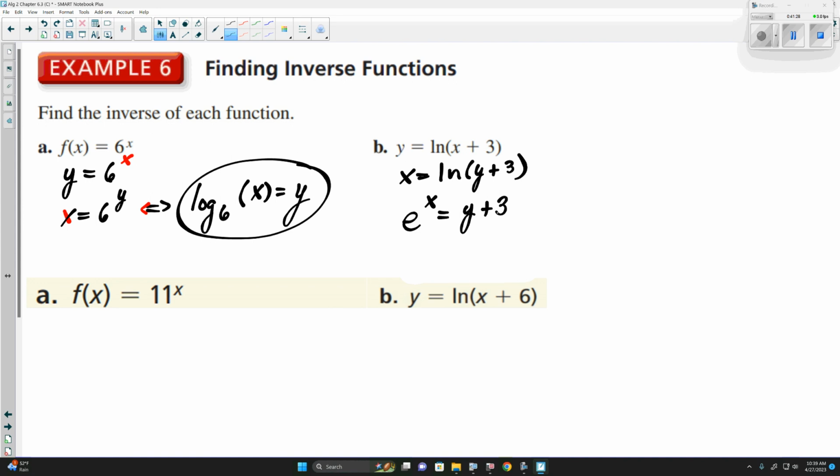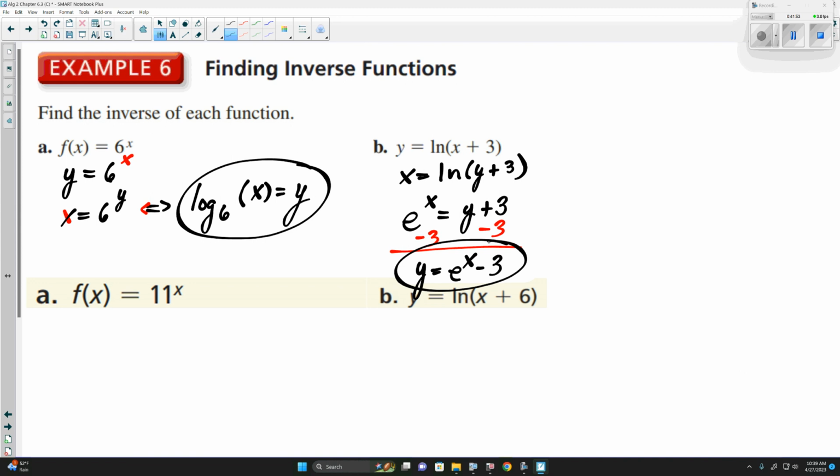Now, we can't circle it and say done at this point because y is not by itself. So we need to subtract 3, telling us y is equal to e to the x minus 3. Okay. Questions on any of this here?